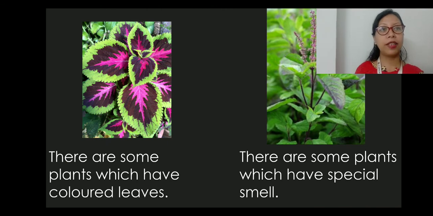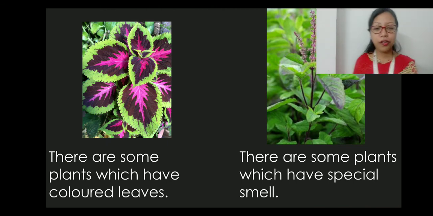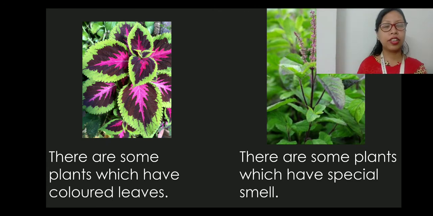Then there are a few plants which have colored leaves. Now if you have noticed, most of the small plants that we plant in a tub, we use to decorate our houses. These plants have different colors of leaves, right?